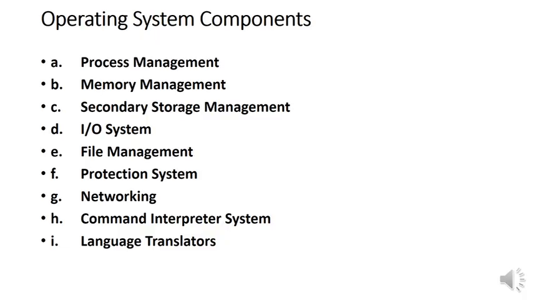For example, in Unix, the peculiarity of input and output devices is hidden from the bulk of the operating system by the input and output system. The input and output system consists of a buffer caching system that can keep information temporarily, a general device driver code, and a driver for specific hardware devices.